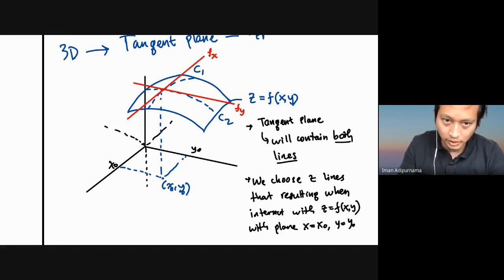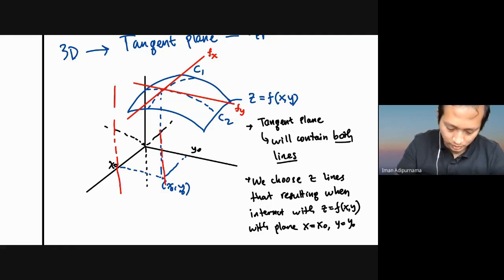Imagine we have a plane here at this x equals x0, so we have a plane like that, and this will be intersecting with another plane at this y. If I draw it, it will be messy, so I will leave it to your imagination.